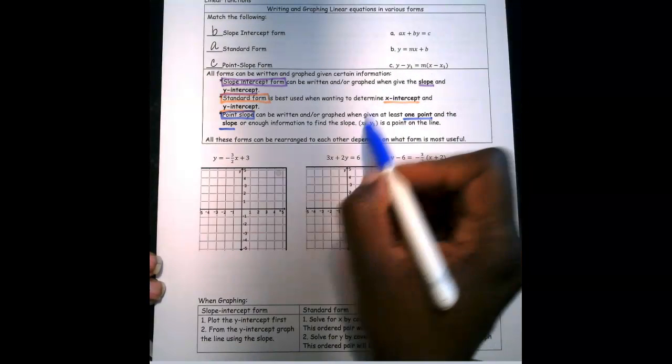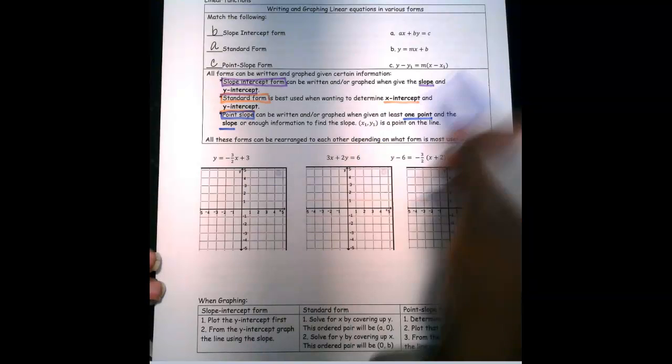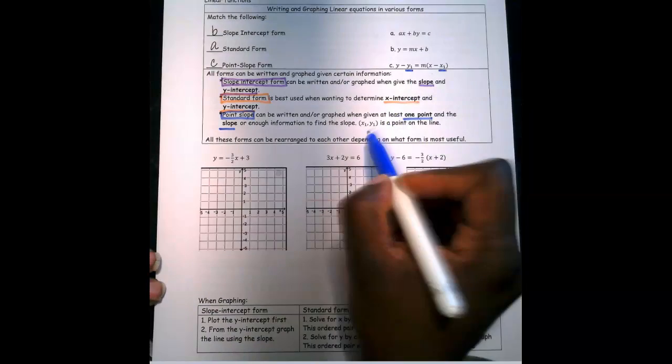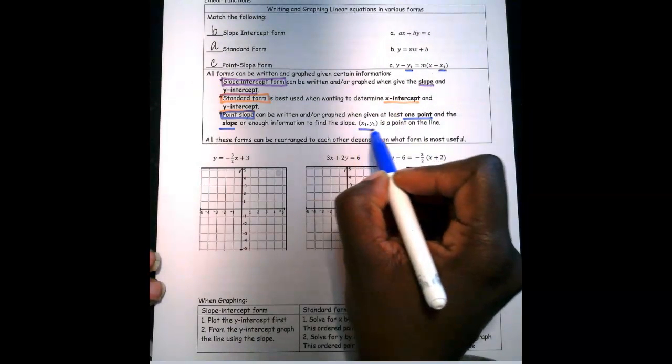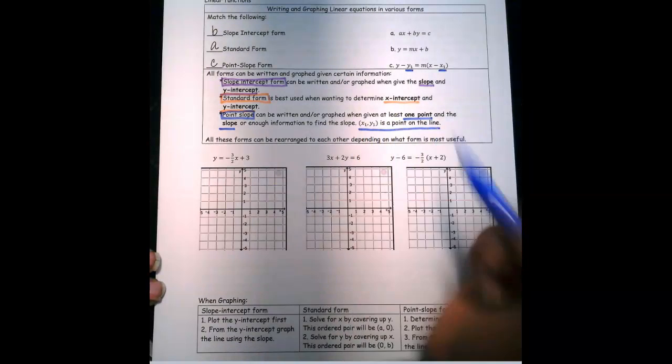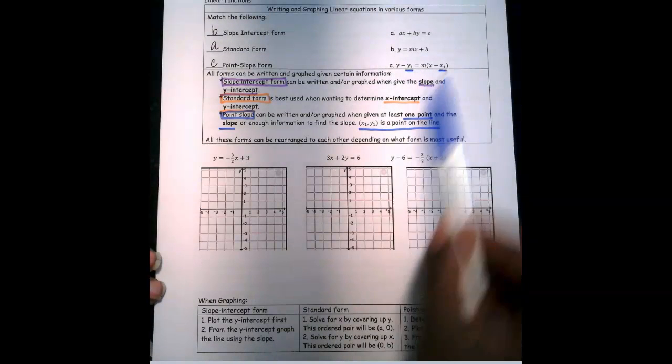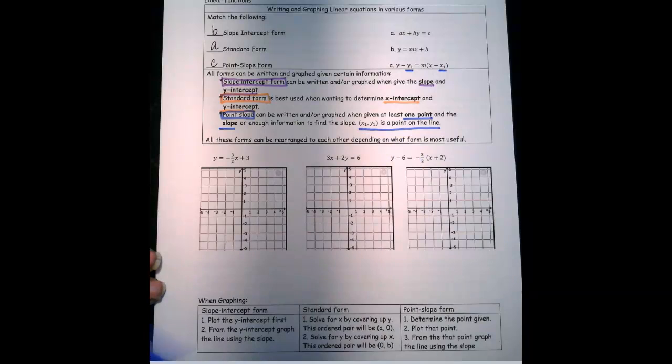And remember that with point slope form, the x1 and the y1 that you see here are the x1 and y1 ordered pair. And that just means that these two given values are a point on the line. So let's go ahead and take a look at how we might graph these.